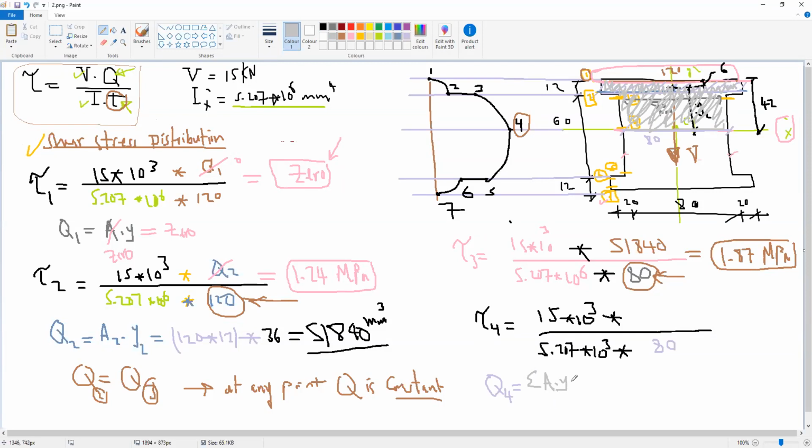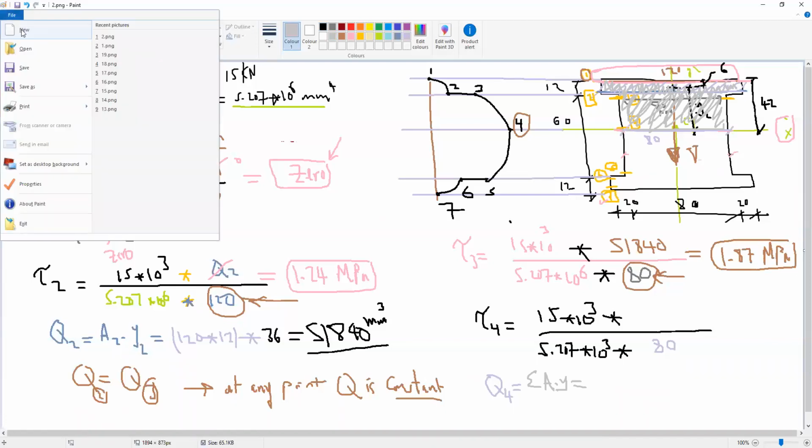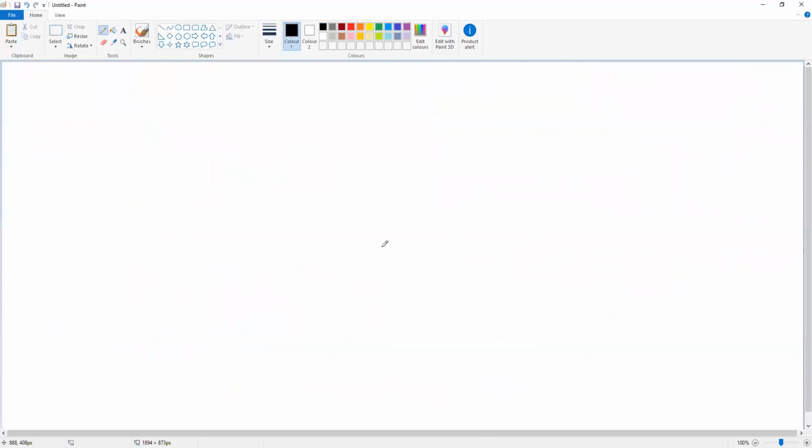What is the area above section 4? I can do it for you in another slide. So now we have this section, and assuming this is cut 4, we need to calculate tau 4.